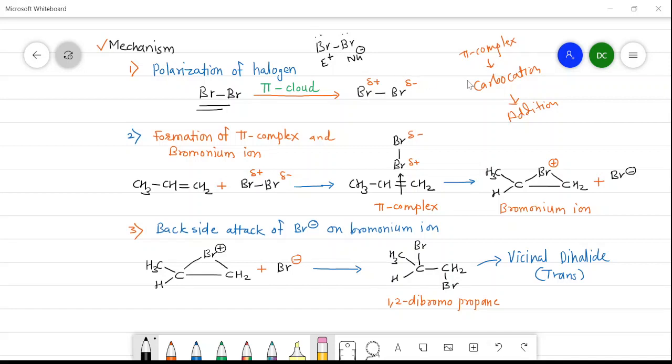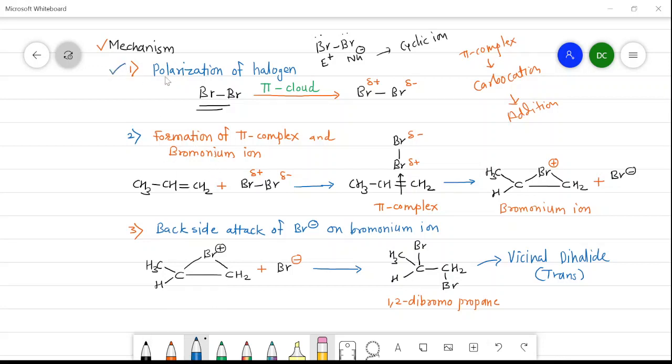That's why instead of carbocation, here we get the formation of a cyclic ion after the formation of pi complex. So the halogenation involves the formation of a cyclic ion, and that cyclic ion is nothing but the halonium ion. Here we have taken Br, that's why there is a formation of bromonium ion after the formation of pi complex. Let's see the first step.